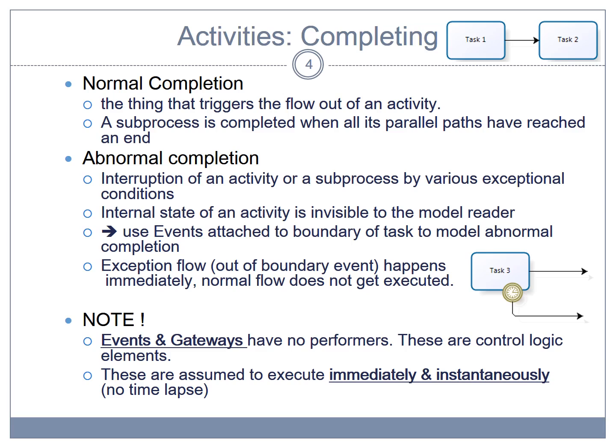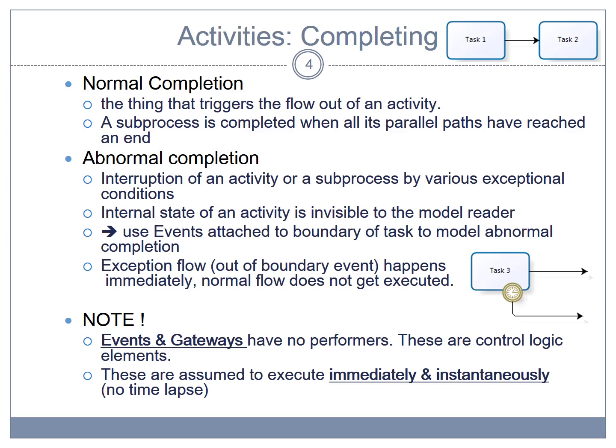The internal state of an activity is always invisible to the model reader, so you don't know at what stage a particular activity is. So you will use an event attached to the boundary of a task or a subprocess to model the abnormal completion. Here's an example with a task 3, and on the border of task 3 you see a clock. That's a timer that might interrupt task 3 if it doesn't finish in time.